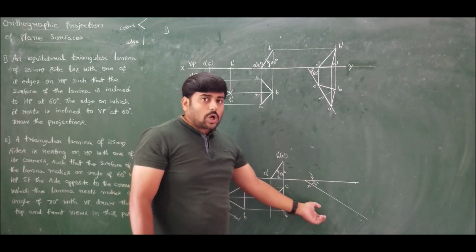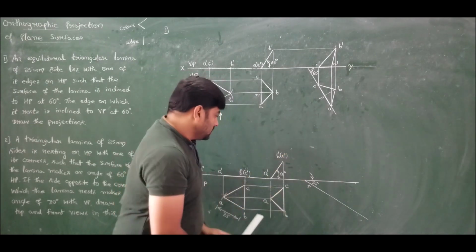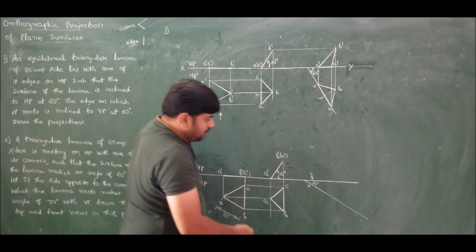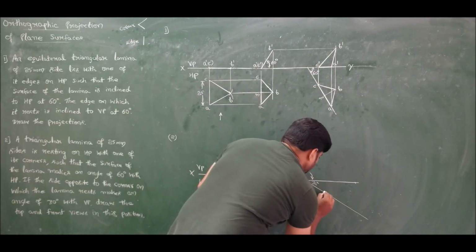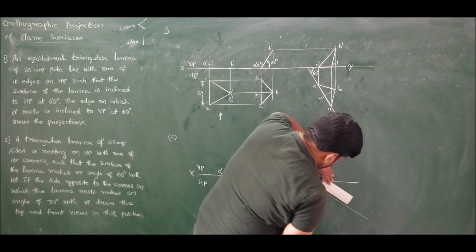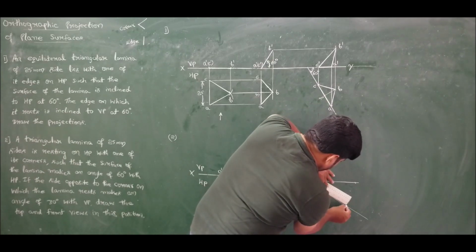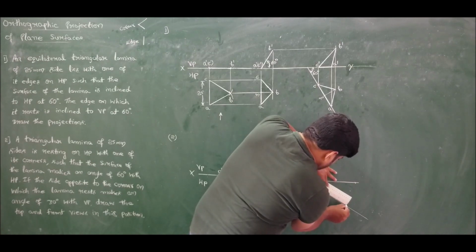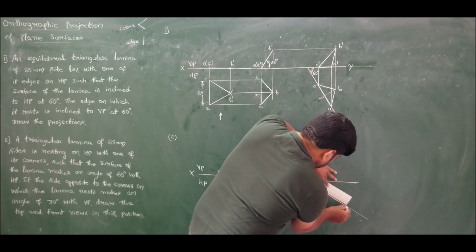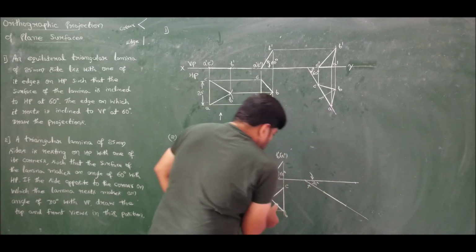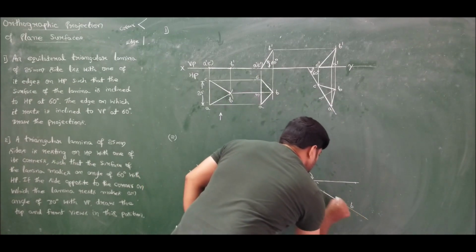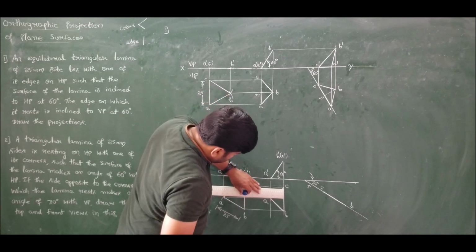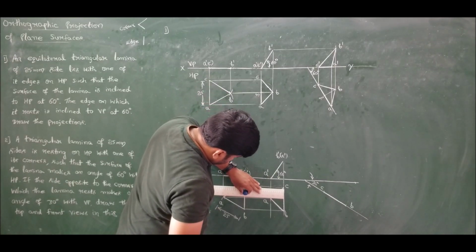Now we will make the corner nearer to the observer. That is, B and C is maintaining its original dimension 25 mm. So I will mark 25 mm. So mark 25. So this is B and this is C. Right? Now you measure this length.